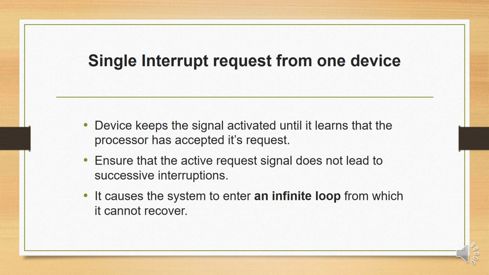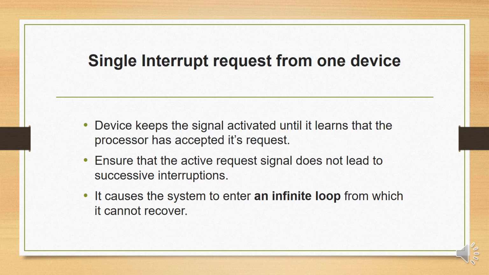This means that the interrupt request signal will be active during execution of the interrupt service routine. Also, it is essential that the active request signal does not lead to successive interruptions. It would lead the system to enter an infinite loop from which it cannot recover.